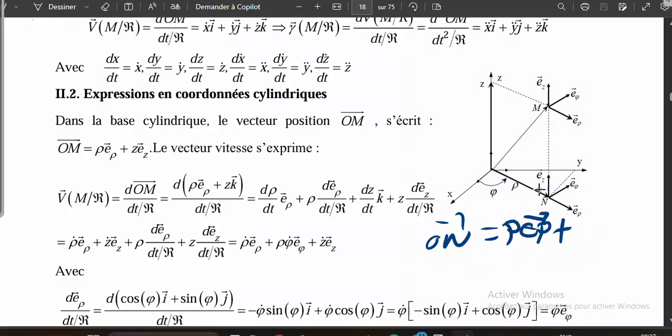So you just say plus, going upwards, you don't know how much you're going upwards, so you just write z, in the direction of k. In the cylindrical coordinate system, OM is rho e rho plus z ez, but it's better to know how to construct this, which is why I'm going to examine you on this one.